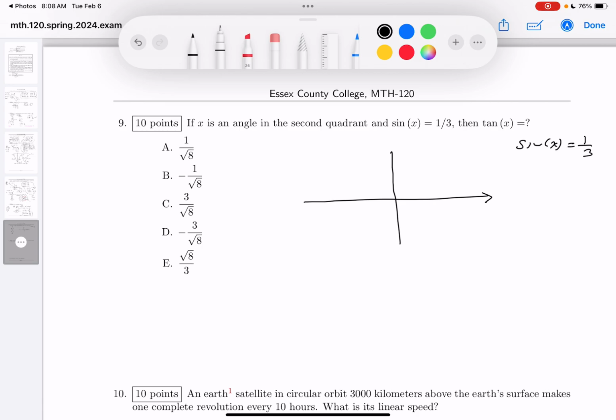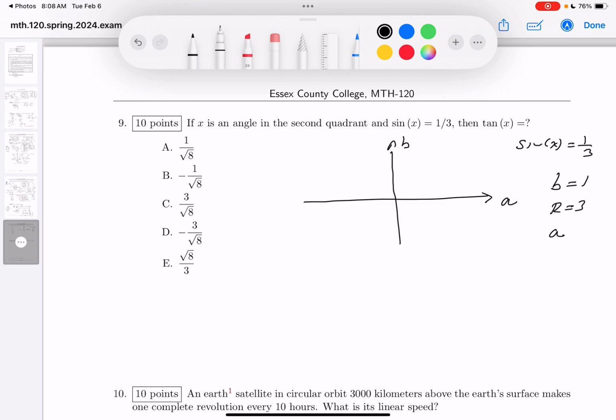Now, by the way, since they're talking about x as an angle, I have to call this a and b now. So let's visualize that. And I'm going to say I know the y is 1. I shouldn't say y, should I? Because I called it b, right? Let's put this down. I know the b is going to be 1, and I know the r over here is going to be 3.